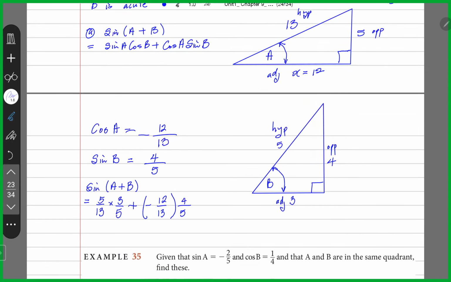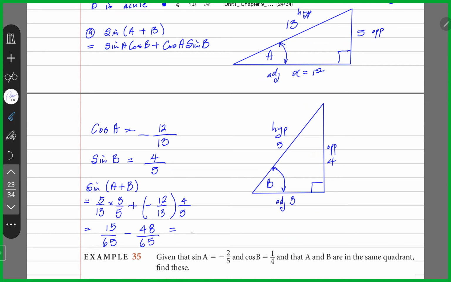All right, so this would work out to be 15 over 65, minus, because a positive times a negative is a negative, 12 times 4, which is 48 over 65.